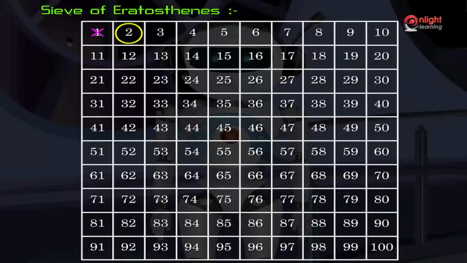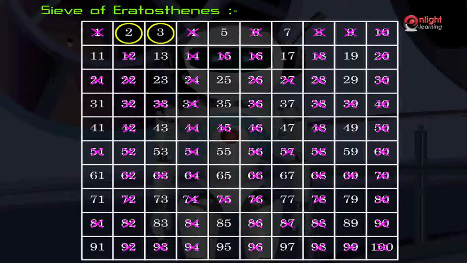Cross all the multiples of 2, that is 2, 4, 6, 8, etc. Now, circle the next prime number 3 and cross out all the multiples of 3, that is 3, 9, 15, etc. There is no need to cross the numbers which are already crossed.